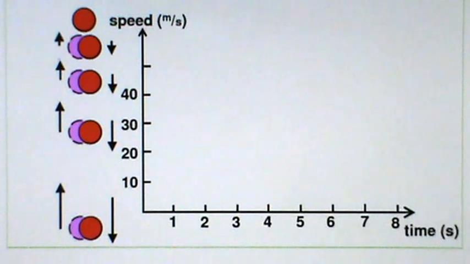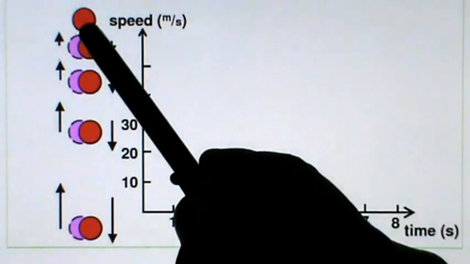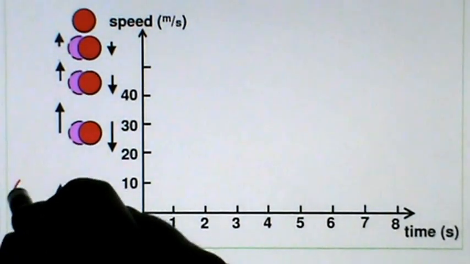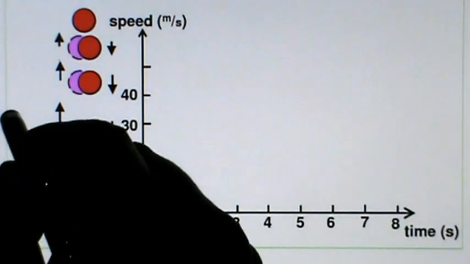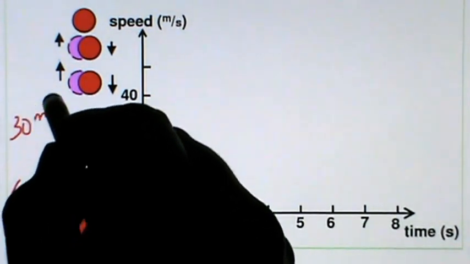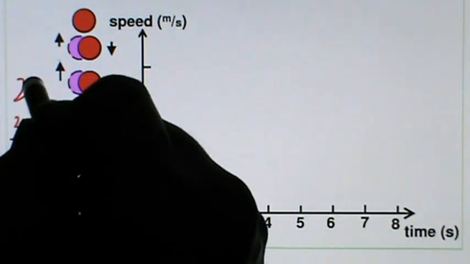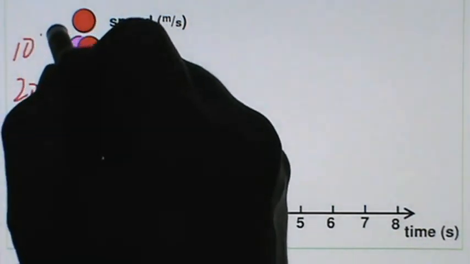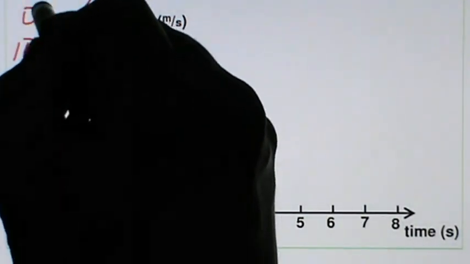Let us now see the downward motion after the ball reaches the highest point. Let me remind you again that the initial speed here is 40 meters per second, and then after 1 second it will be 30, at 2 seconds it will be 20, after 3 seconds it will be 10, and after 4 seconds it will be at the highest point, so the speed is 0.